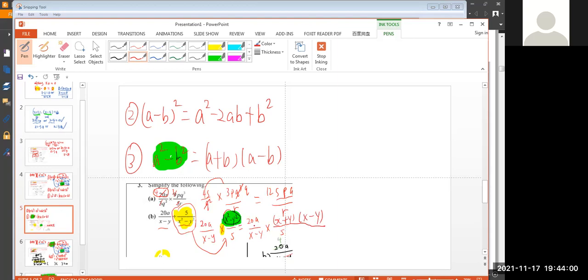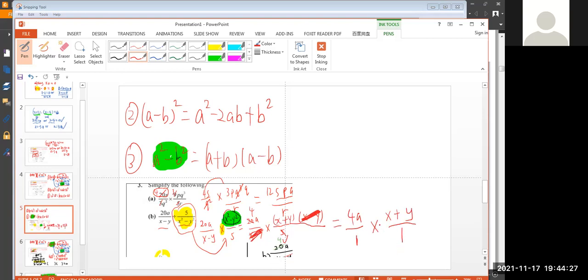So if I get this for x squared minus y squared, then you can actually simplify. 20, you simplify with the 5, so you get 4 above, which you did correctly for this. But for this x minus y, you can cancel with the x minus y. And then you're simply left with 4a above, and then 1 here for the first term. And then for the second term, you're left with x plus y over 1.